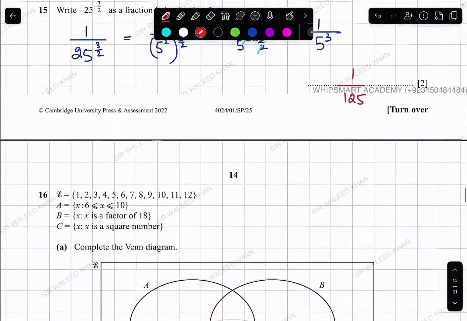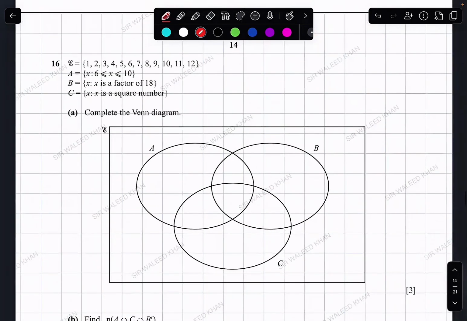Next, question 16. We are given a universal set. Universal set is given to us, right? The first thing you have to do if you are dealing with a question related to sets, convert these symbols, alphabets, wordings to numbers so that there is no more confusion.